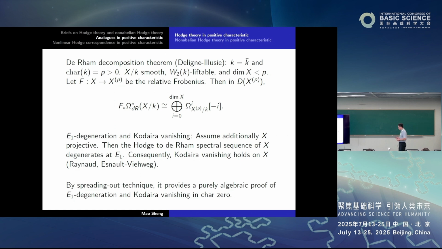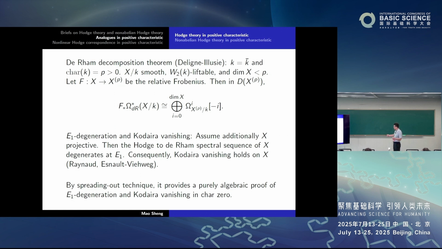And the consequence, I think for algebraic geometry, the significance is that this gives us a purely algebraic proof. By the spreading out technique, it provides a purely algebraic proof of Hodge degeneration and Kodaira vanishing in characteristic 0.